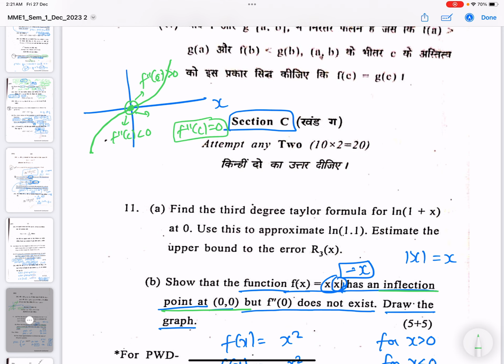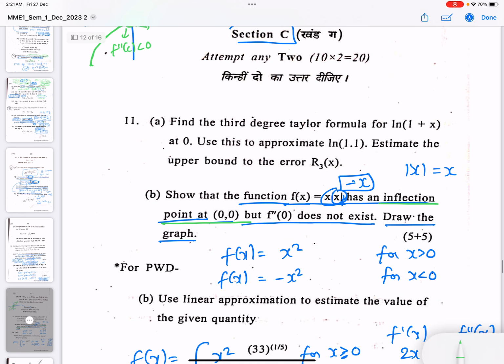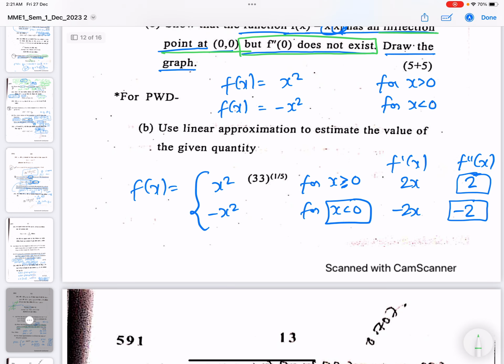But now what they are asking is that we need to show that f double dash at 0 does not exist. Now we can see if we are coming from the right hand side, f double dash 0 would take a value of 2, because the function is like this.